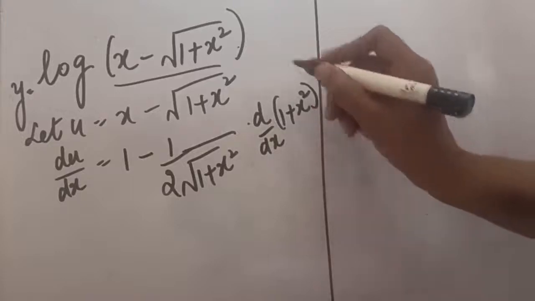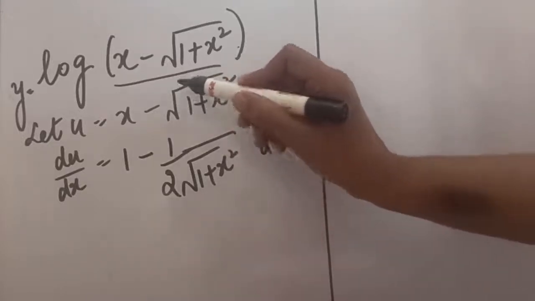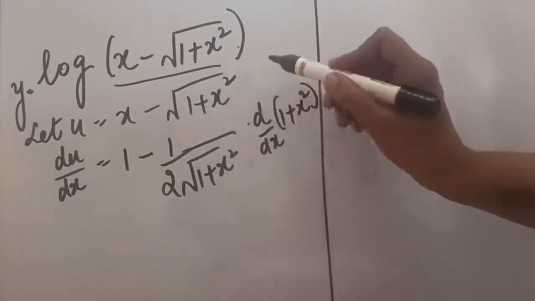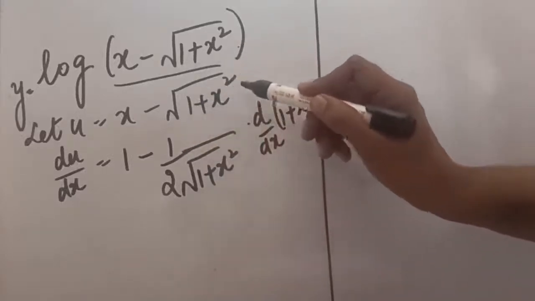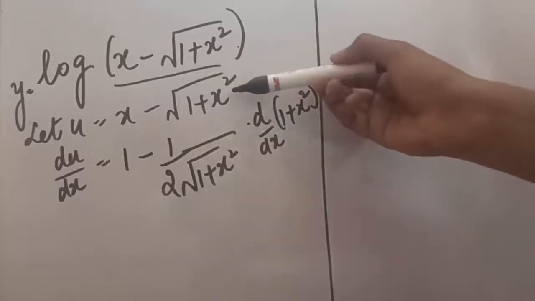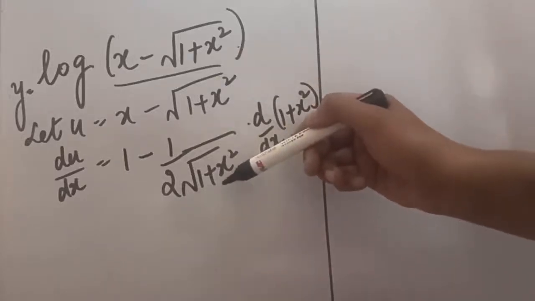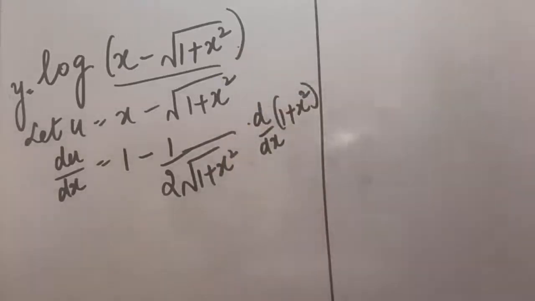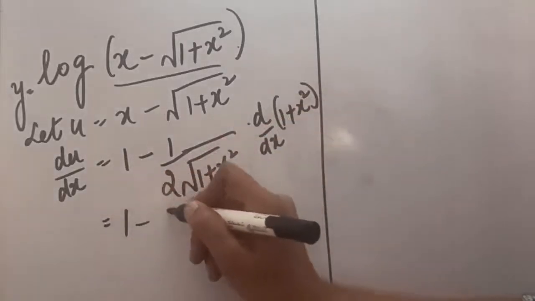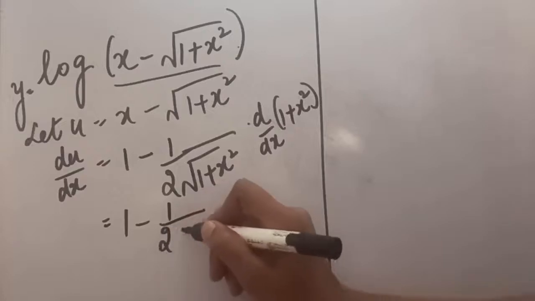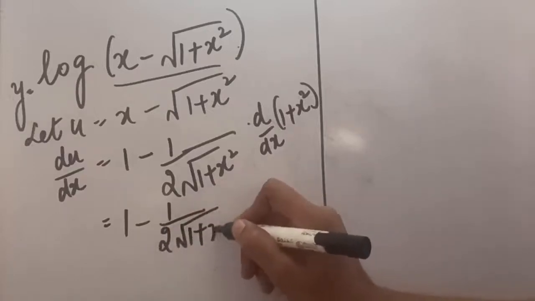I hope you all understand this now. The derivative of under root, it means power is half. So half has come in the front and it will be left with 1 plus x square power minus half. Because of that minus half, I have brought it below, and that has become under root 1 plus x square, and this is the internal derivative. Solving this further, it will be 1 upon 2 under root 1 plus x square.